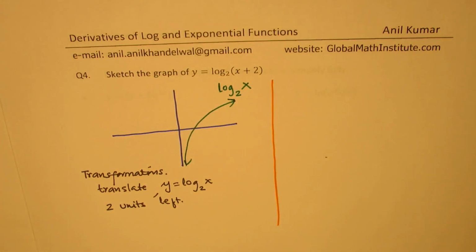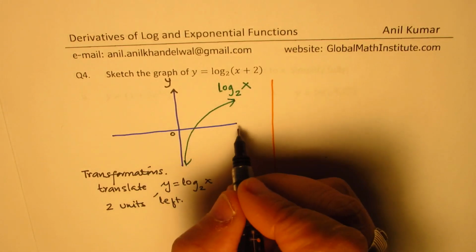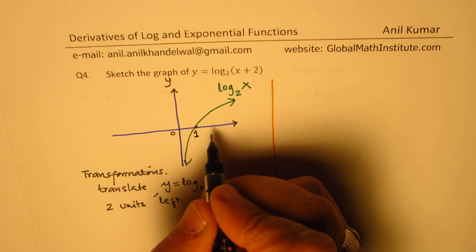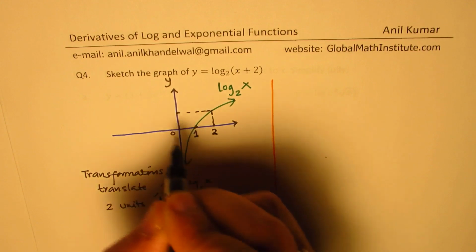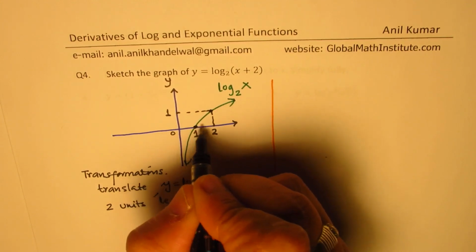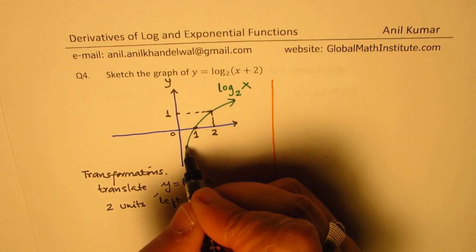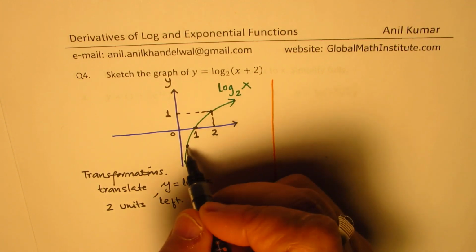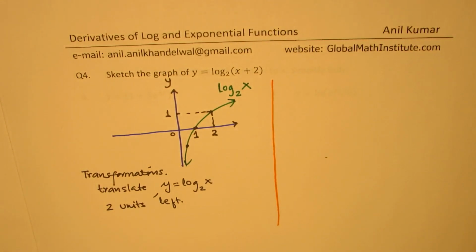The critical points here will be the vertical asymptote at x equals 0. This point will always be at 1, and at 2 we have 1. So these are the 3 points you are really looking for, right?